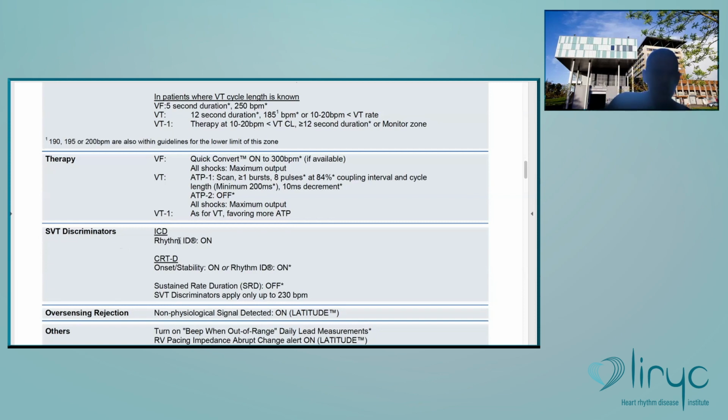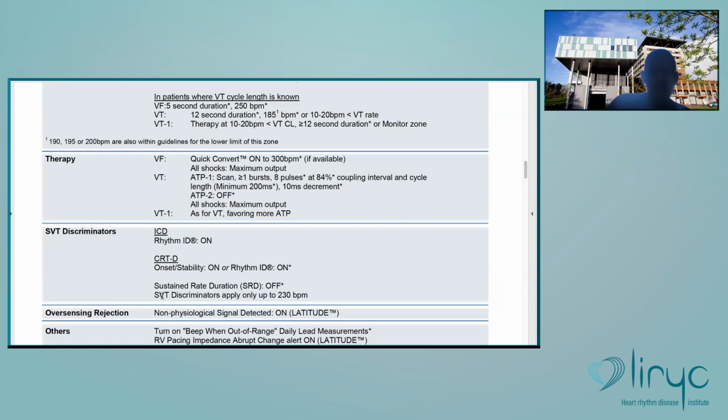First, in single lead ICD, it's going to be rhythm ID. And for dual lead ICD, what is recommended is rhythm ID in first intention.